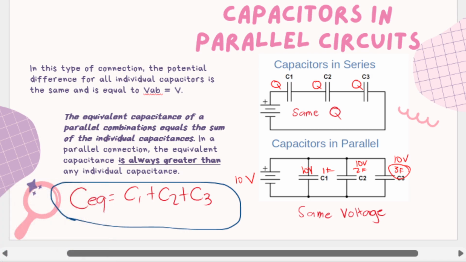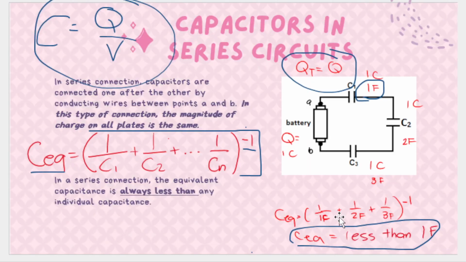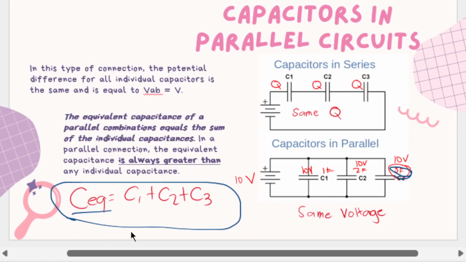Okay. And CEQ is always greater than your largest capacitor. Series, less than your smallest capacitor. Parallel, greater than your largest capacitor. That is their difference.